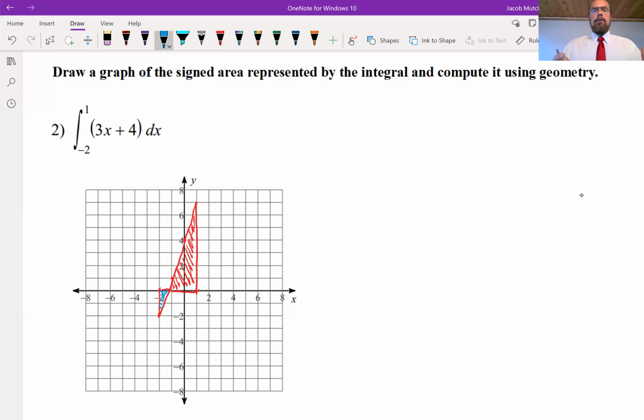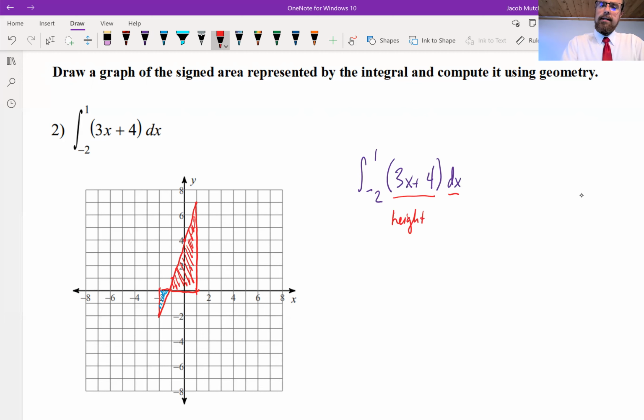Now, since these are just plain right triangles, we really can use a geometric formula to calculate the area. So let's set it up so that we connect it here with the integral. The integral from -2 to 1 of 3x plus 4 dx. So again, just remember those parts. This would indicate the height of a region, and this dx again is our width.